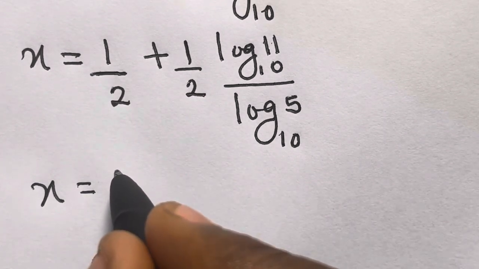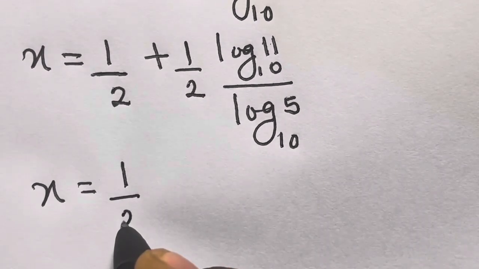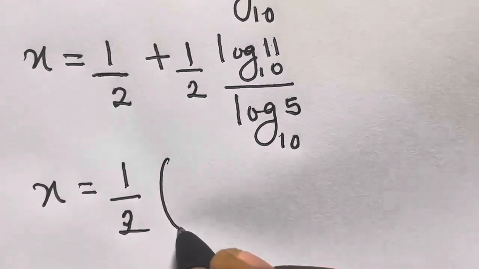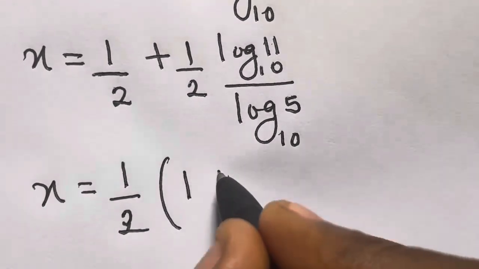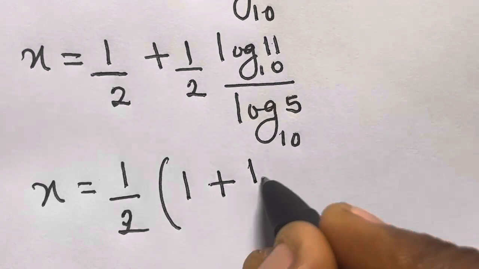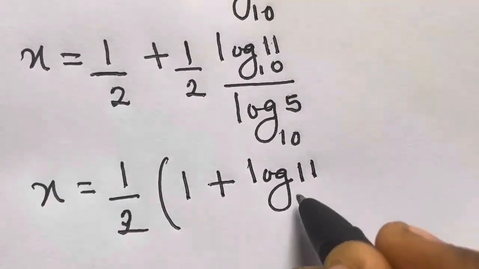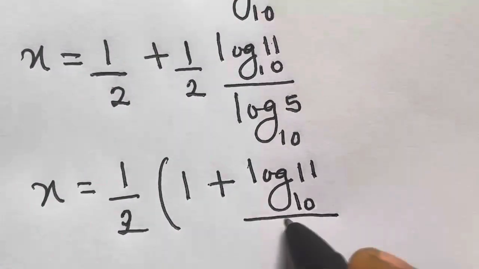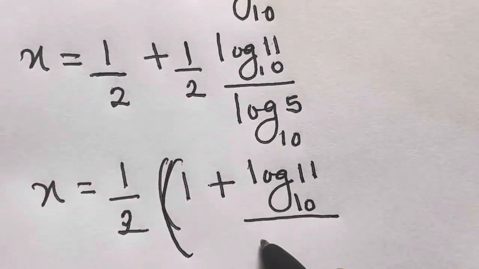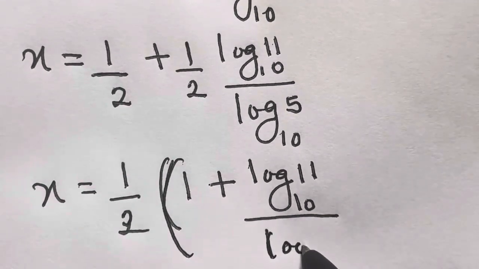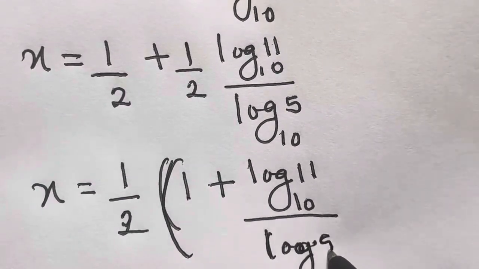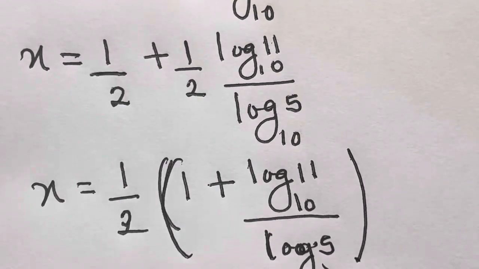In fact, we can factorize that out. So we have 1 divided by 2, and what will be left here? 1 plus what will be left here? Log 11 in base 10 divided by log 5 in base 10, right?